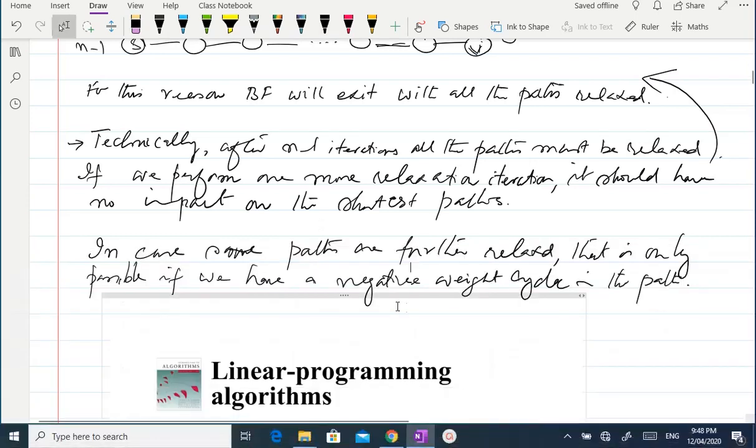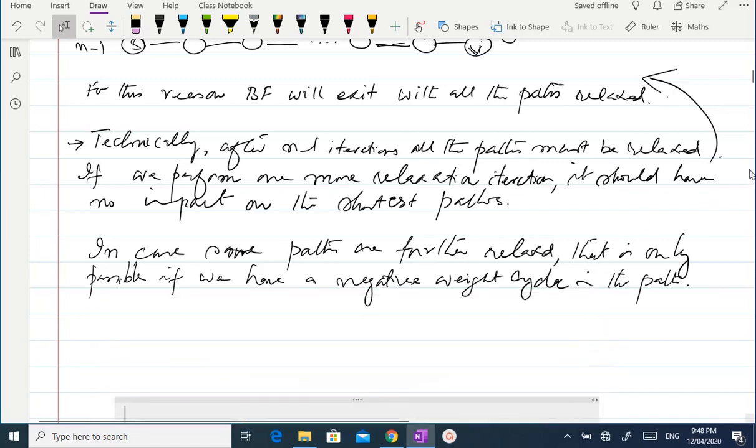Why is that? What is the justification of that?